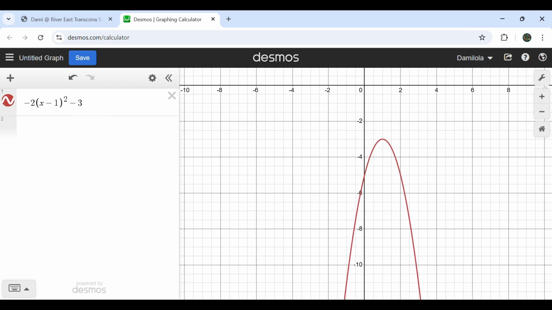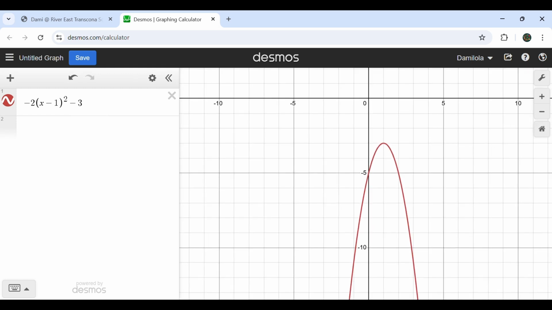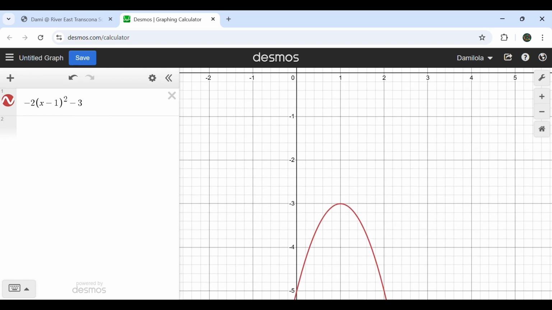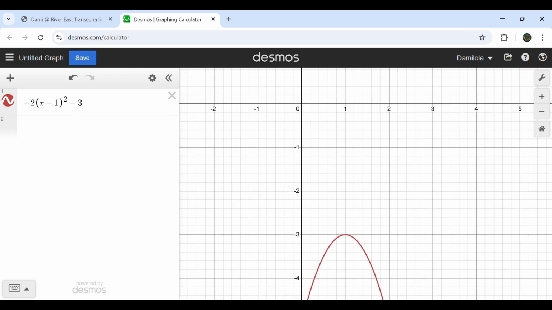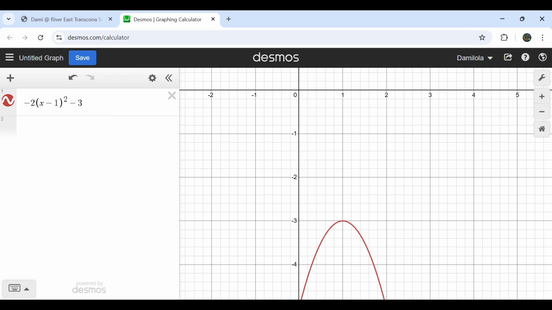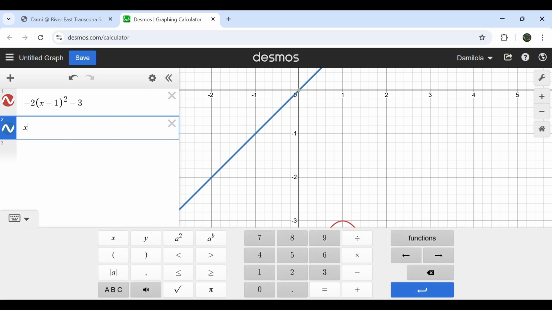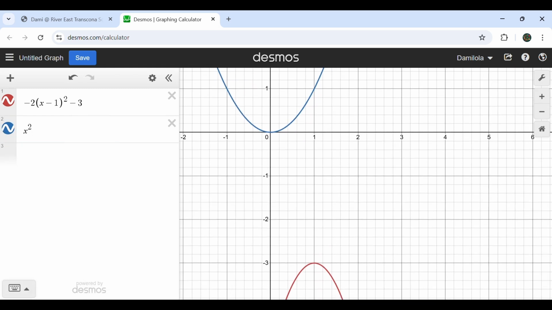Okay, so it went down. It went down by 3, right over here. It shifted to the left by 1. For emphasis, I'll show you how an actual quadratic graph looks like.